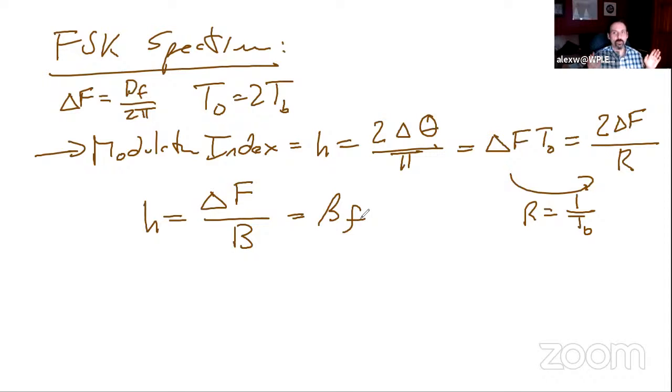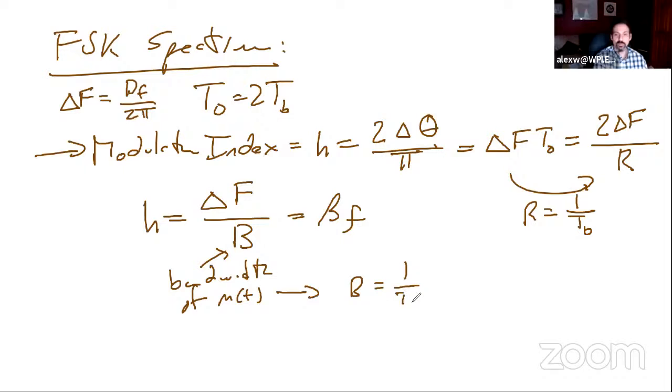It's actually a little bit weird looking. It's going to be a lot of deltas. I'll show you in a second. This beta F is going to be very important. This guy here is the bandwidth of m of t, and this is defined by B equals 1 over T naught. Again, no surprise. Because it has that periodic nature, we cannot use Fourier transforms.